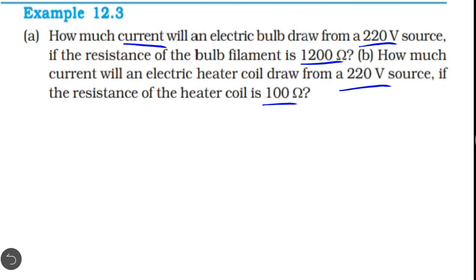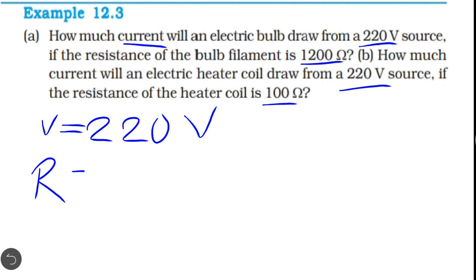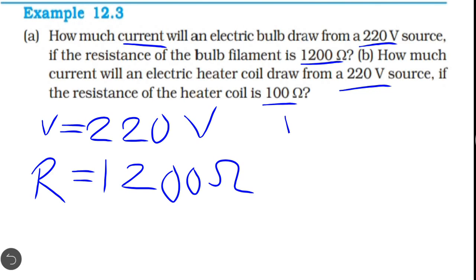It is given V is equal to 220 volts. First, you must always solve the question by writing the given data. And R is given as 1200. Here the majority of our questions will be solved with one formula, that is given by Ohm's law.